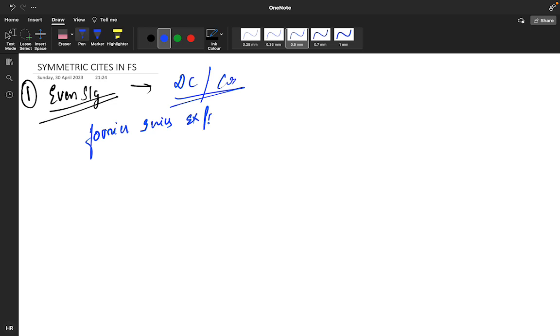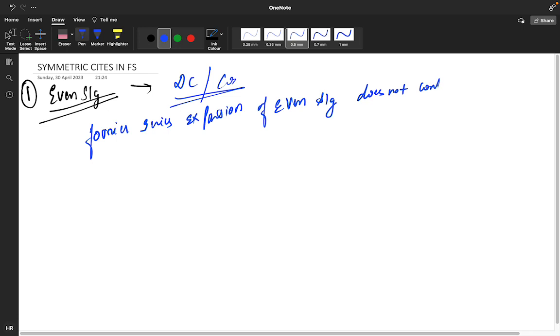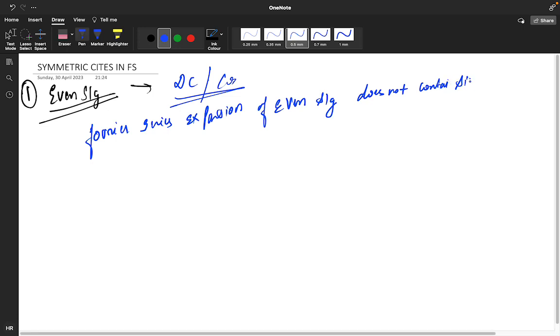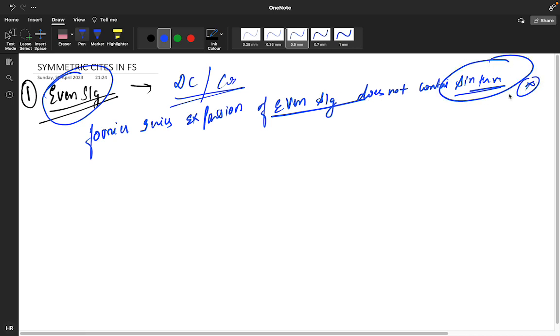Fourier series expansion of an even signal does not contain sine terms. You will not get any sine term after Fourier series expansion. If you have an even signal, then you will not get sine terms. Remember this, mark my word.